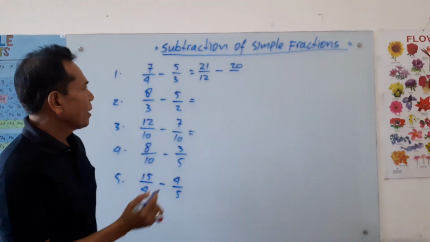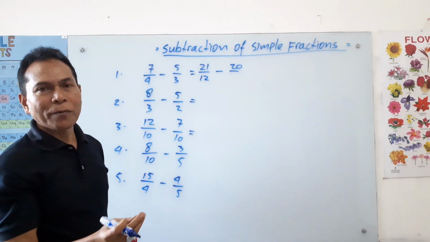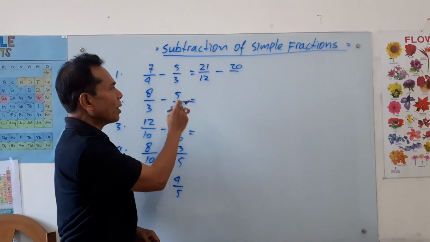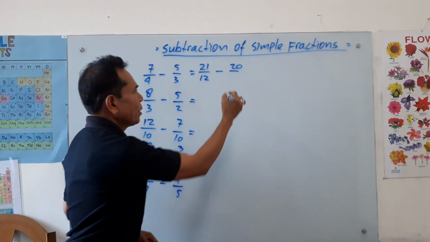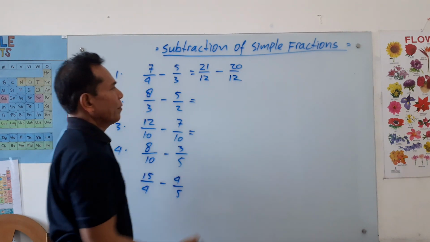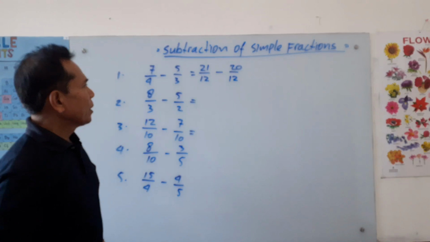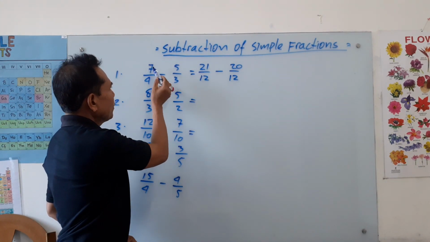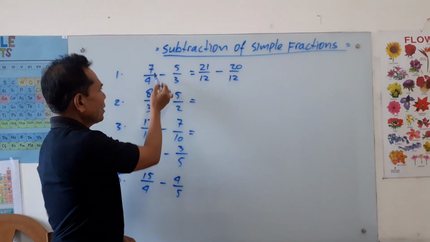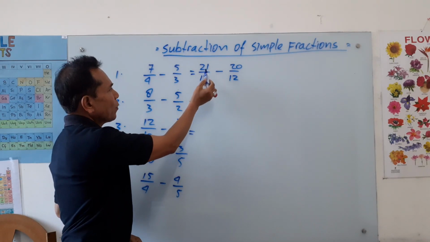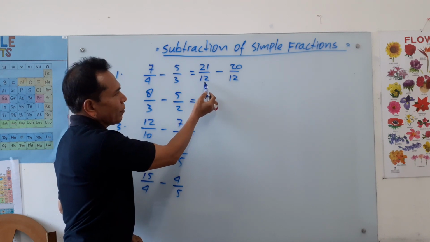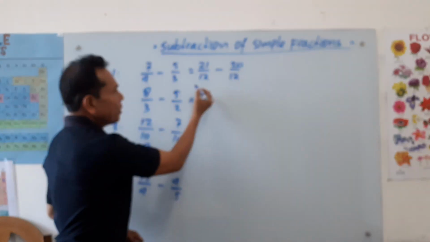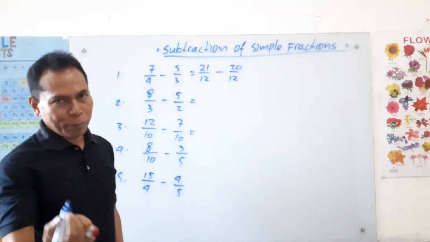And this denominator 12 is the result of both 4 and 3, so we can use it for both. So 7/4 minus 5/3 equals 21 over 12 minus 20 over 12. Because the denominators are now the same, you can subtract them.